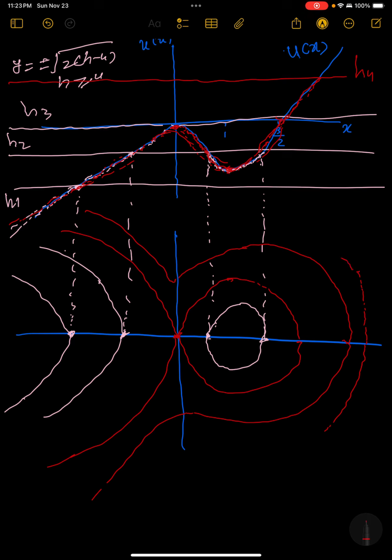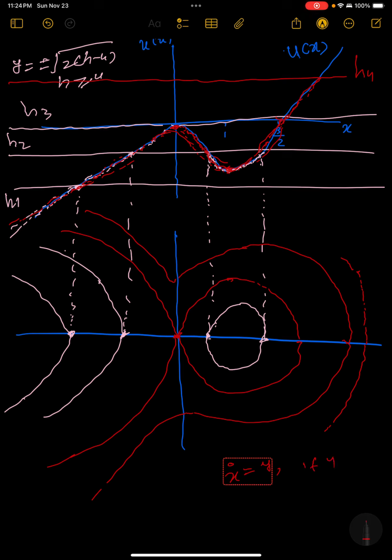But now we are going to see the flow direction, that is, which way the flow of the solution goes. Since we know that x dot is actually y, x dot is equal to y.